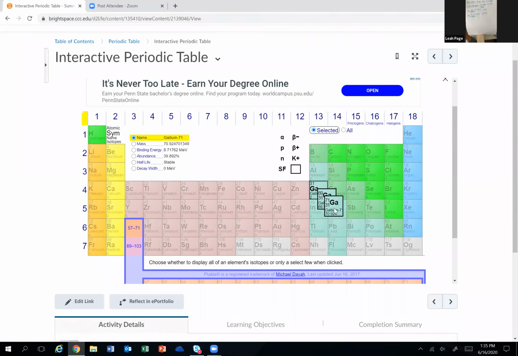I have gallium 71, and it tells me the mass right down here. Can you guys see this okay? And then I have gallium 69, and it tells me the mass of gallium 69.